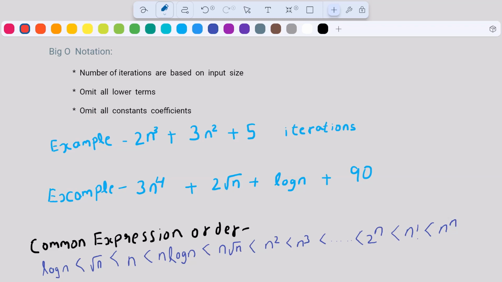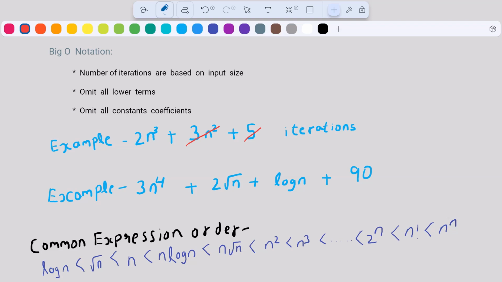So if you go with these rules, then first you have to omit all the lower terms. In this example you can see the expression is 2n to the power 3 plus 3n to the power 2 plus 5. So first we have to omit all lower terms. So just remove all these lower terms.